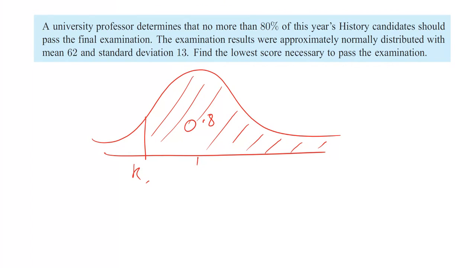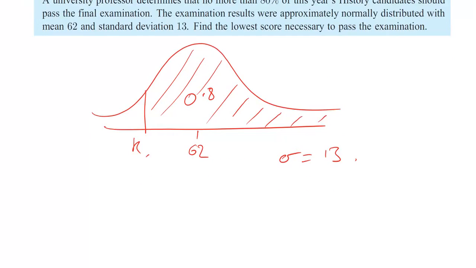Now, we are also told in this question that we've got a mean of 62 and a standard deviation of 13. So we're going to type this stuff into the inverse normal. Okay, we're going to type in mean is 62, standard deviation 13.